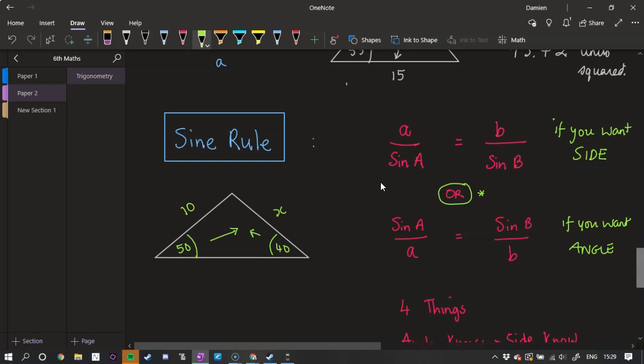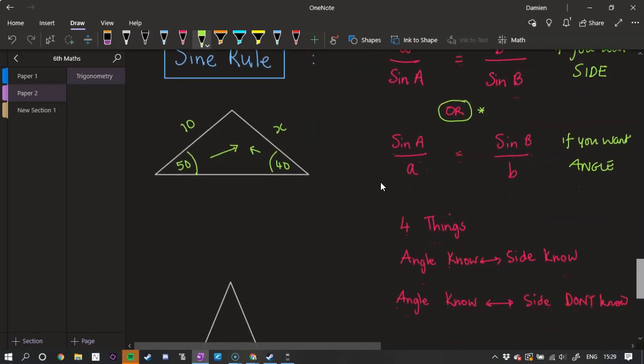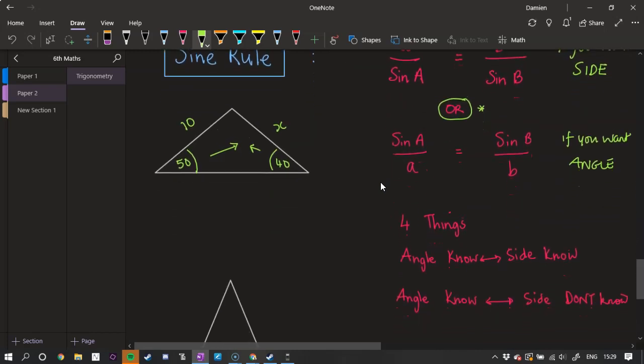Now, as you can see, that's what we do have. We have an angle that we know, which is 50. We have a side that we don't know. We have an angle that we know, and we have a side that we know. So we have four things, and one of them is unknown.